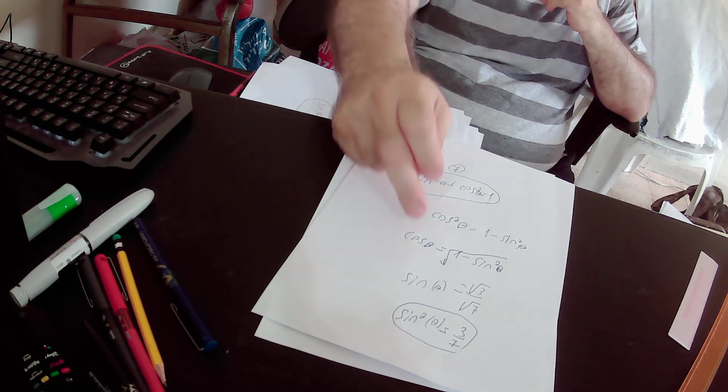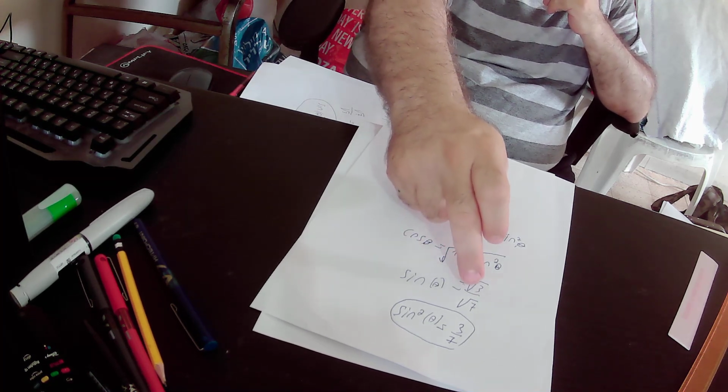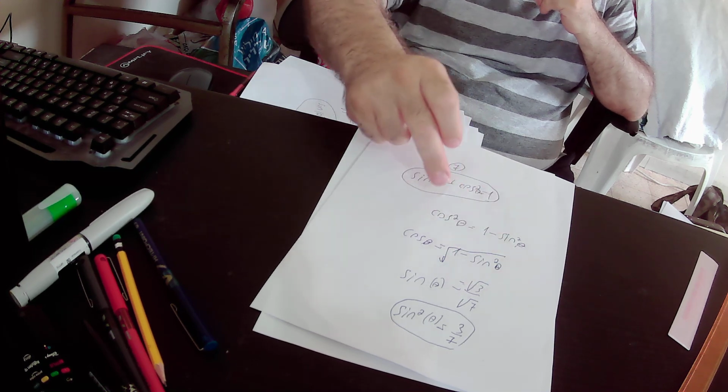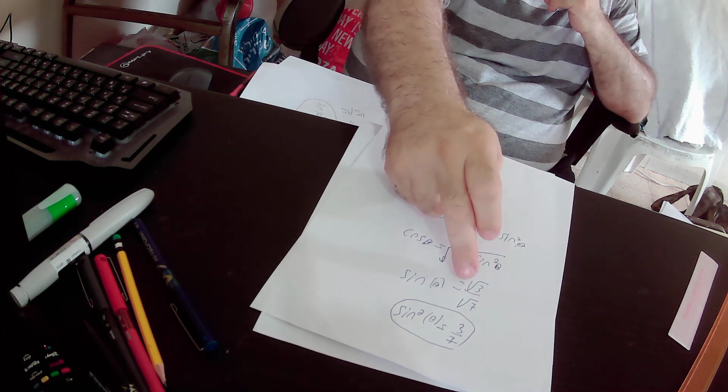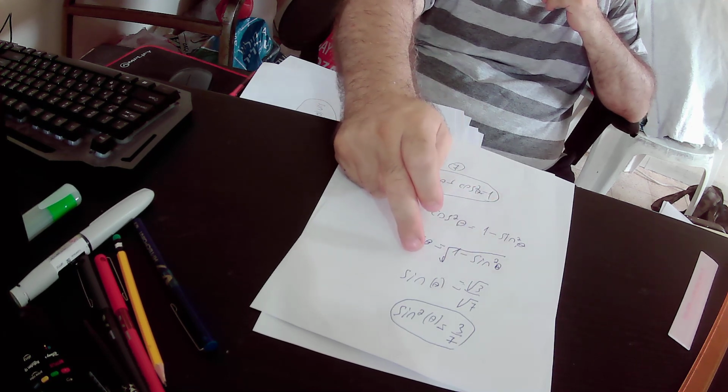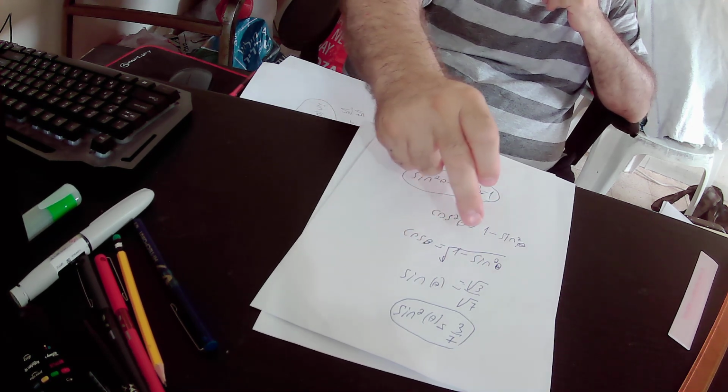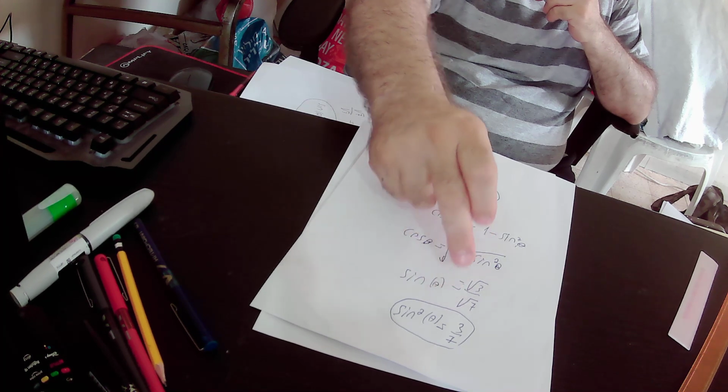But we know that sine theta equals root of 3 over root of 7. So if sine theta equals root of 3 over root of 7, then sine theta squared equals 3 over 7.